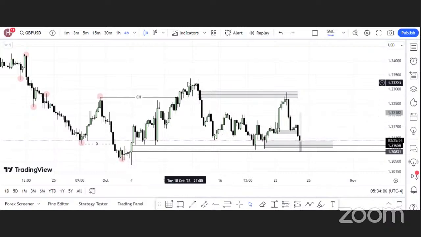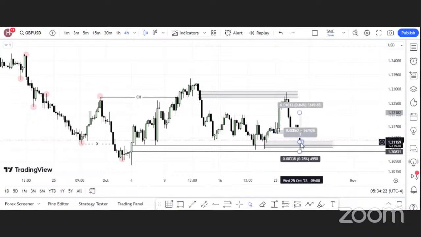So the market changed character. You see how the market came back into the zone and then sold for a bit, sold to this level? So right now we have a fair value gap here. We have an order block around this area. So I think this market is actually coming down to mitigate this order block before it continues to trade to the upside. All right.